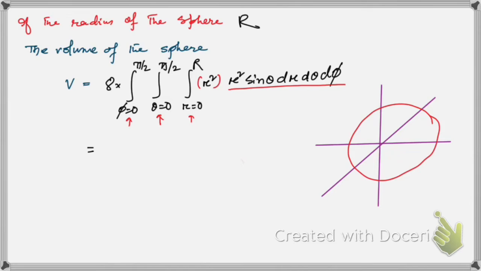So this is one part. This coordinate system will divide the sphere into 8 equal parts this way. The shape will be something like this.